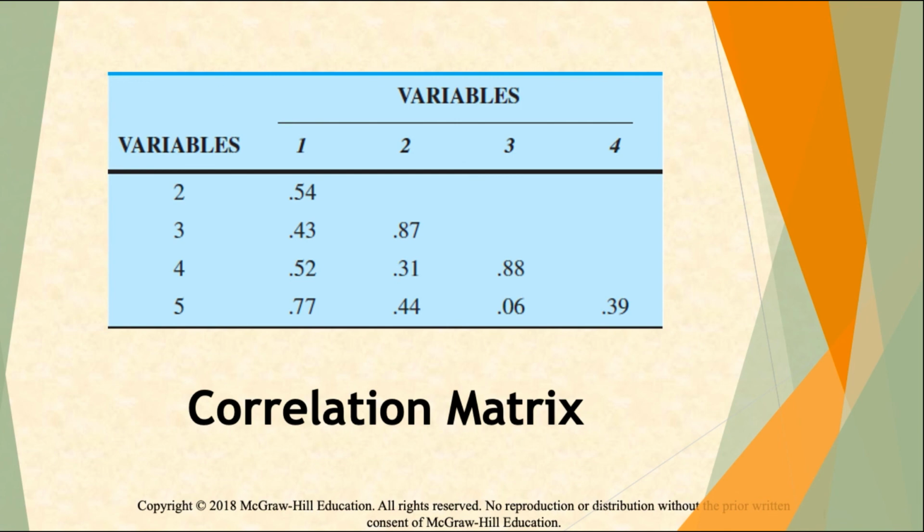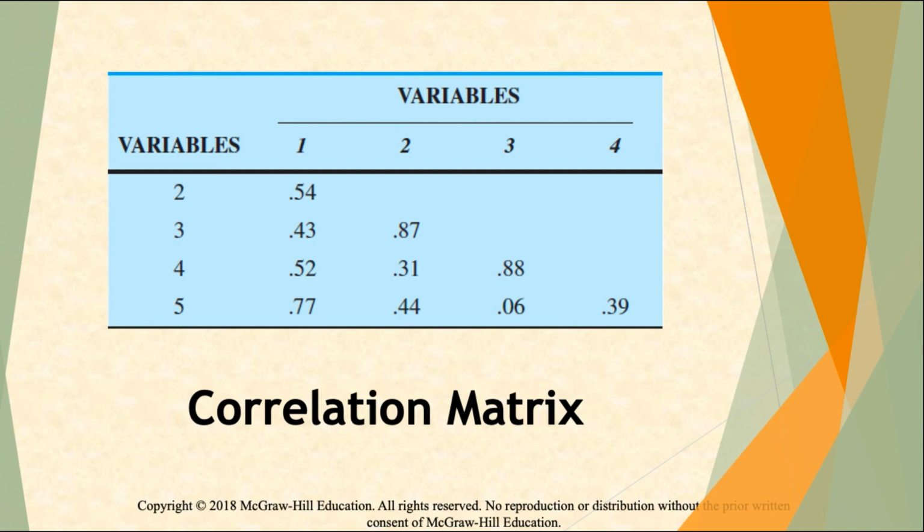The variables being correlated are shown in the headings along the top and the left side of the matrix. Each number in the matrix is the correlation between the two variables whose row and column intersect at the position of the number.